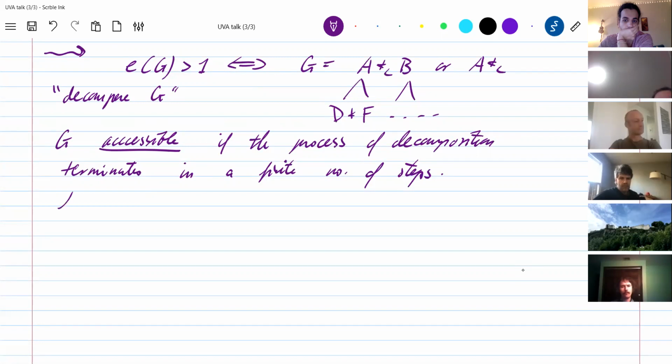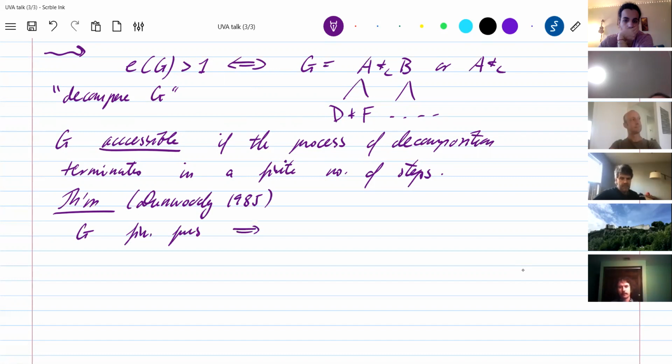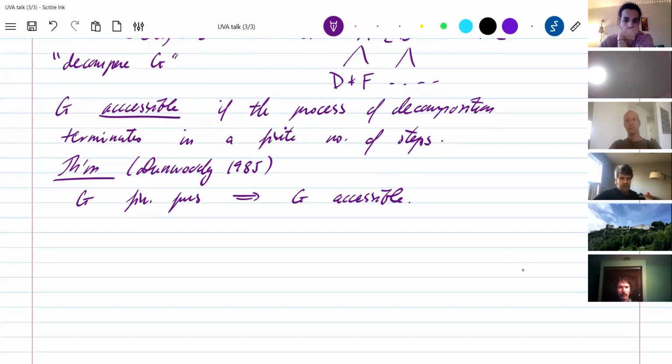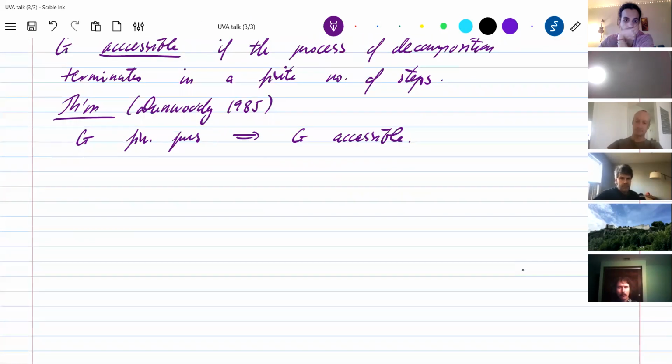And this result of Dunwoody, which I mentioned, from 1985, tells us that finitely presented groups are accessible. This process does terminate for finitely presented groups.